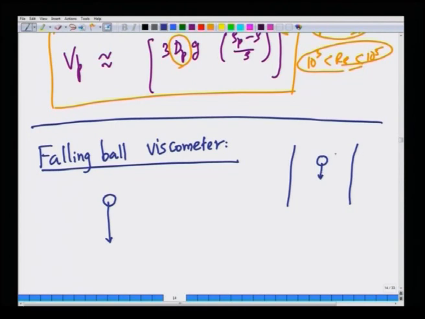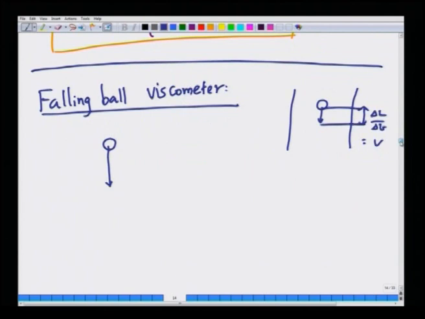Calculate the velocity by noting how much distance it travels over a particular time t, and that will give you the terminal velocity, the settling velocity. So, the terminal velocity is measured in the experiment by simply measuring the time the particle takes to move a certain distance, and from there we can calculate the viscosity of the liquid in which it is settling through other parameters.